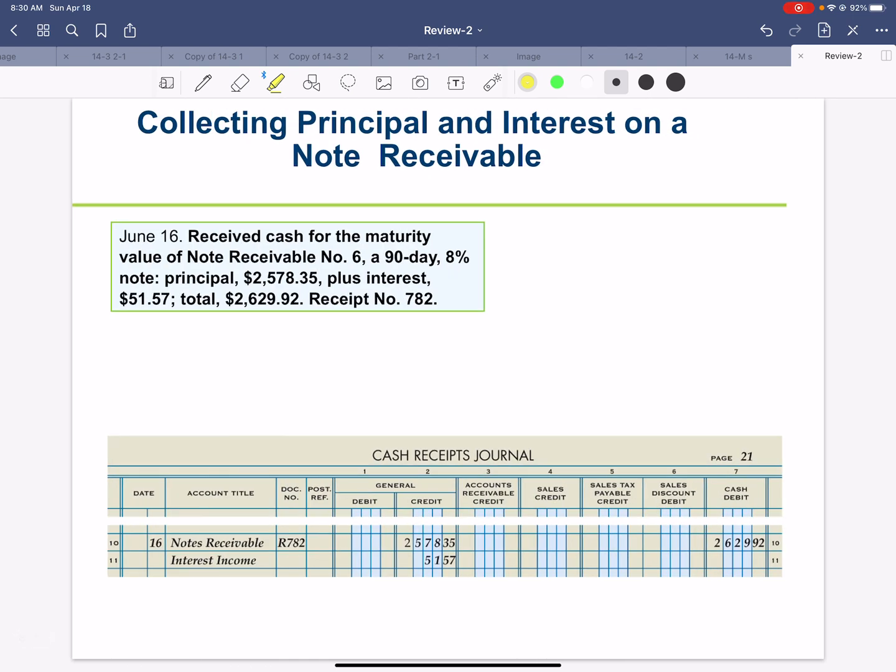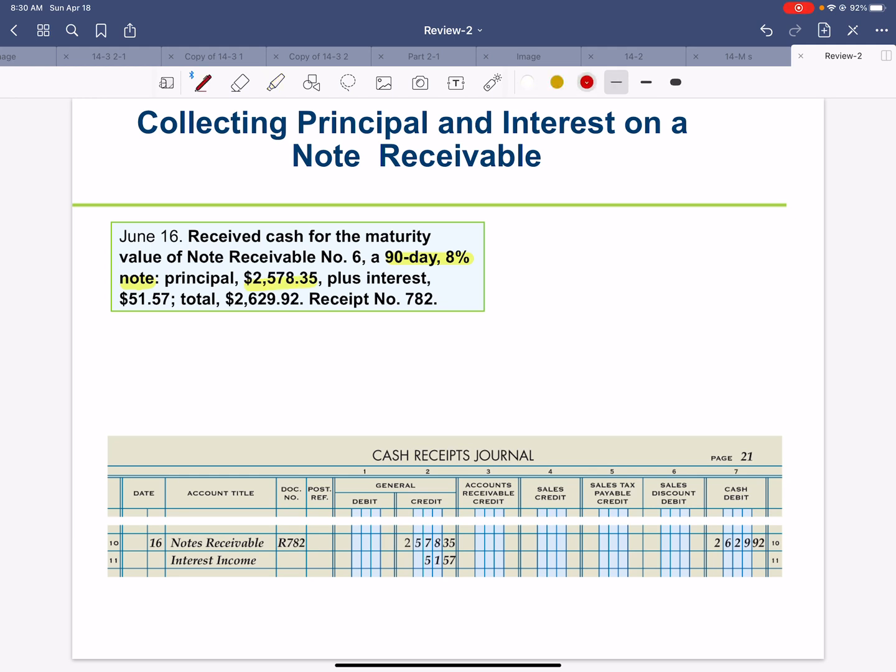Next, we can collect the principal and interest on a notes receivable. On June 16th, we received cash for the maturity value of a notes receivable, a 90-day 8% note. The principal is here, the interest, and the total.